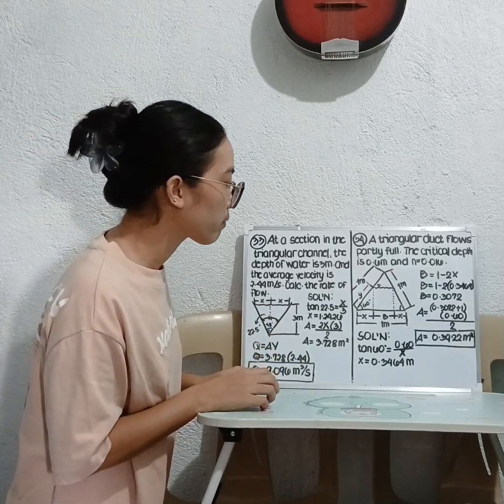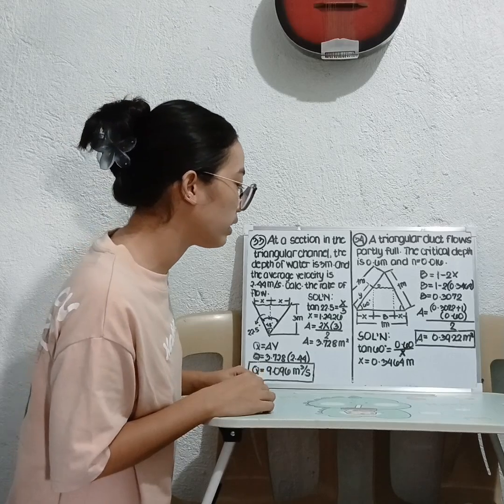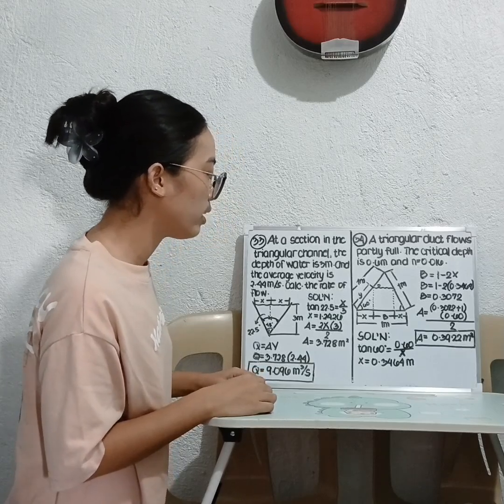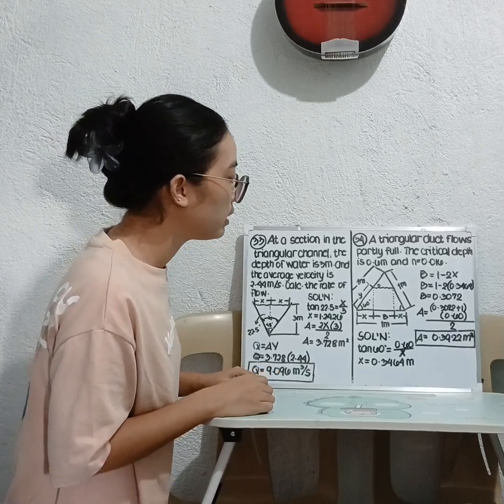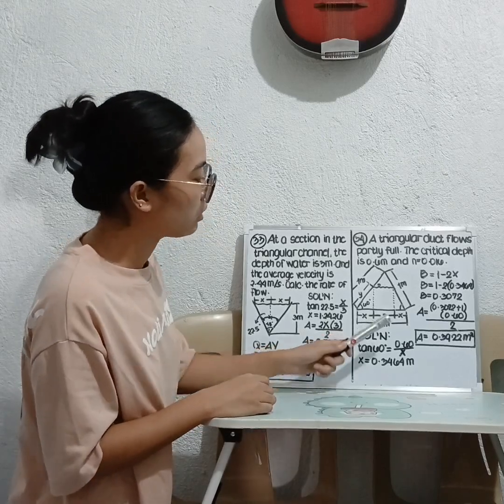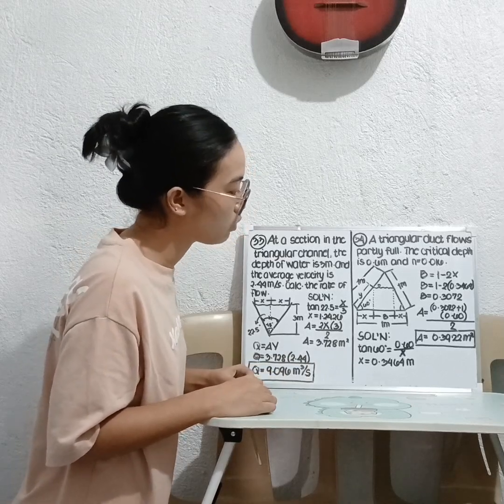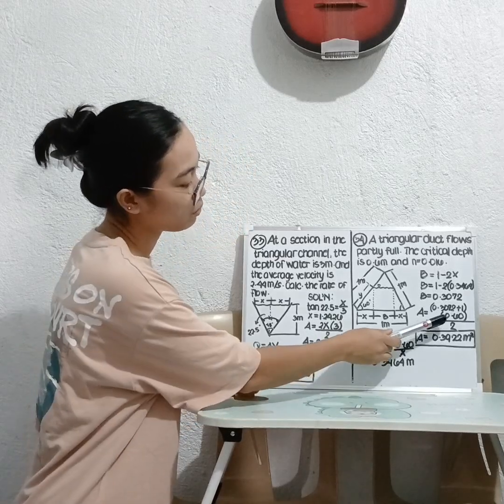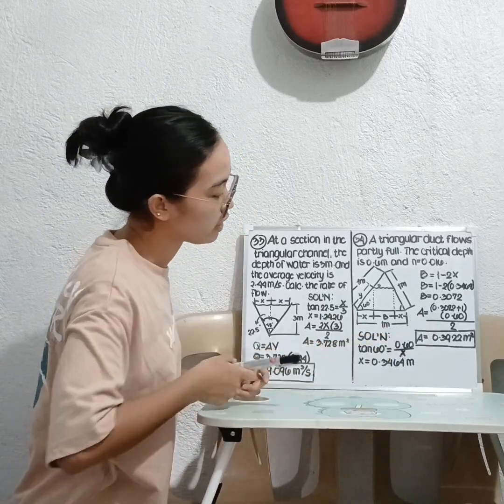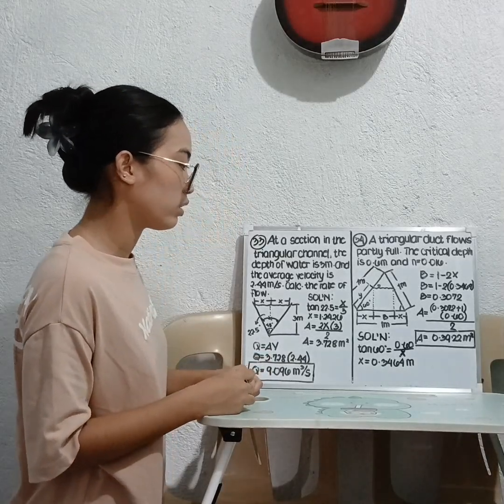We have b is equal to 1 minus 2 times the x, which is 0.3464. Our b is equal to 0.3072. So our area is equal to 0.3072 plus 1 times 0.60 over 2. We have area of 0.3922 meter squared.